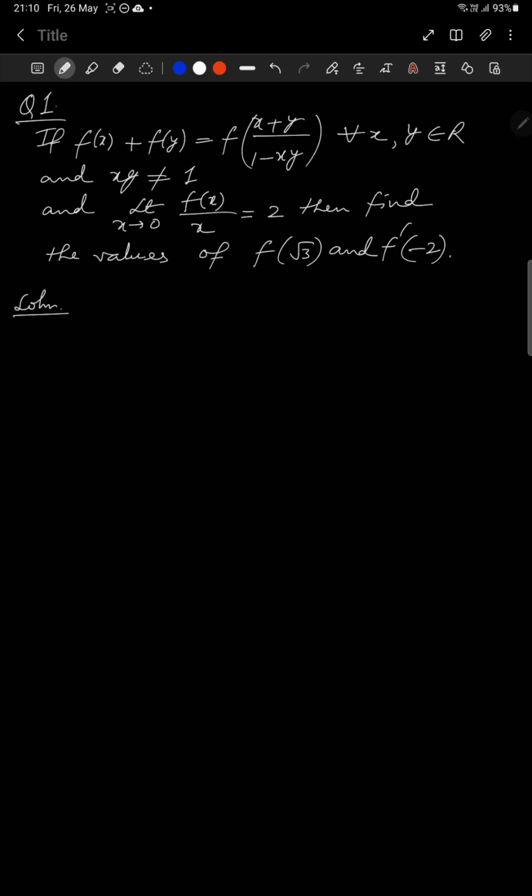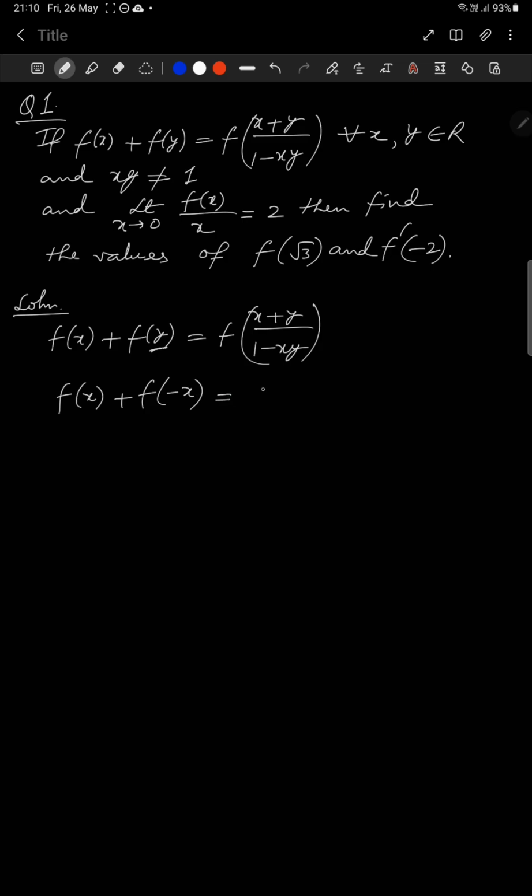Let us start from the equation which is given: f(x) + f(y) = f((x + y)/(1 - xy)). If we put y = -x, then what we get? f(x) + f(-x) = f((x - x)/(1 + x²)).